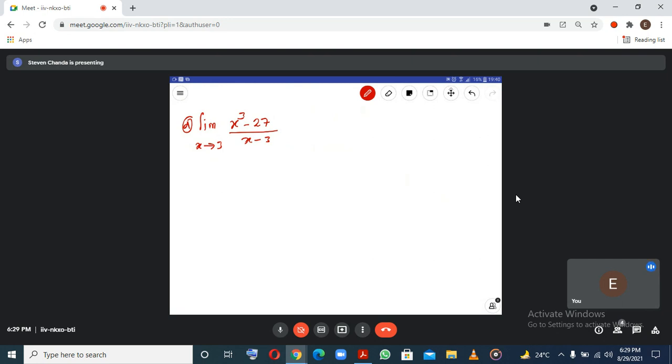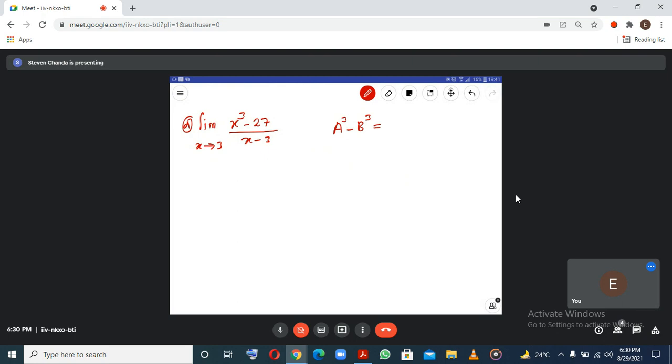Now, one thing that you will see is that this is the difference of what? The one that's the numerator. It's a difference of cubes, right? And how I want you to look at it is this. So let's say a cubed, b cubed. So your a is your x, then b is 3, okay?